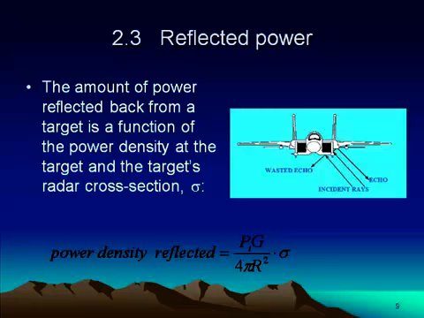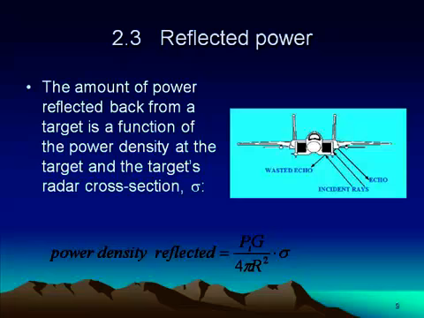Now the target is going to scatter this in all the directions. We normally consider that the target acts like an isotropic antenna again. That is, it is going to radiate the signal in all the directions equally.